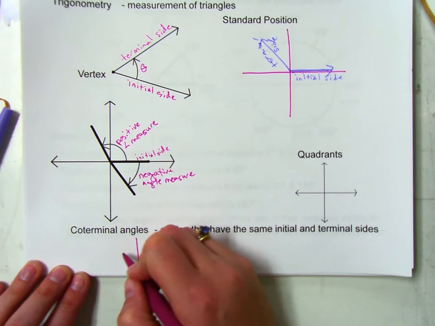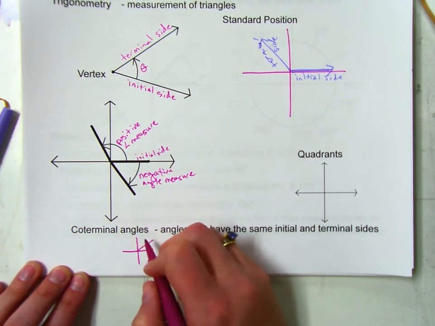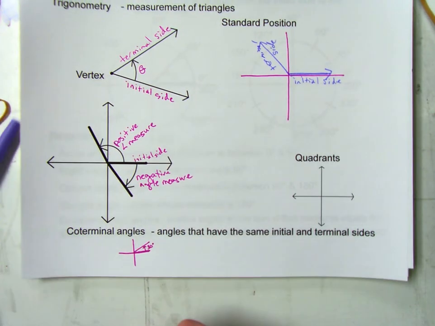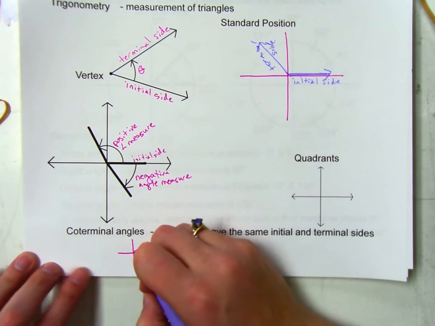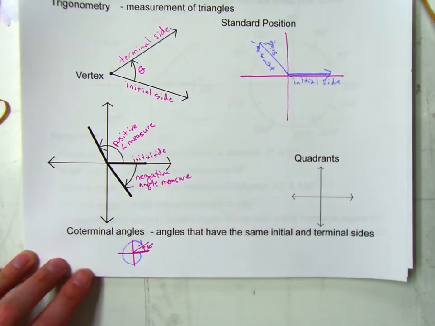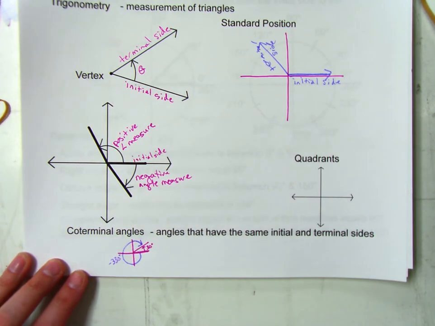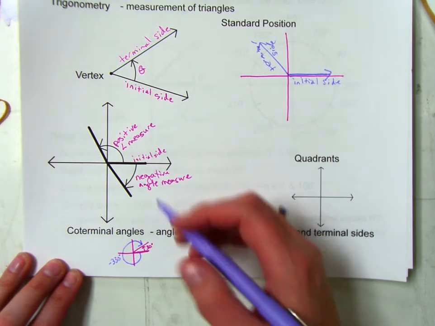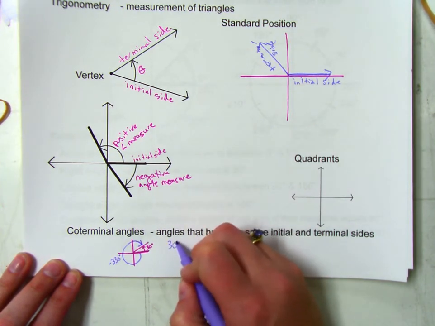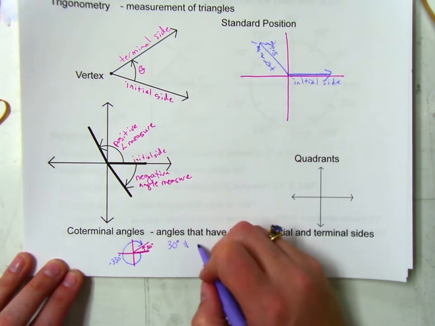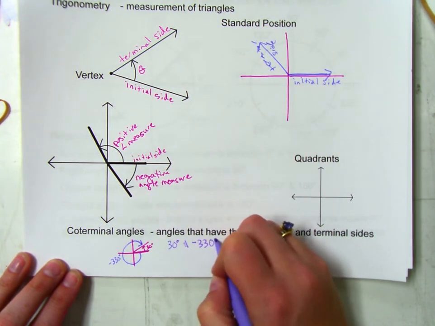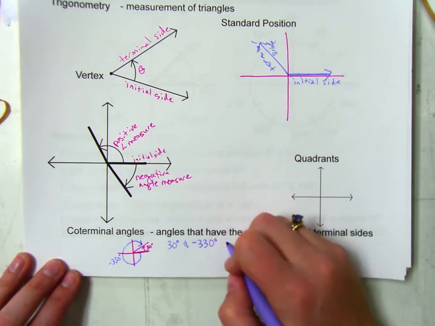So for example, if I have a 30-degree angle, and instead of going counterclockwise, I went clockwise, this would be negative 330 degrees, but it does give me the same exact angle opening. So I could say that 30 degrees and negative 330 degrees are coterminal.